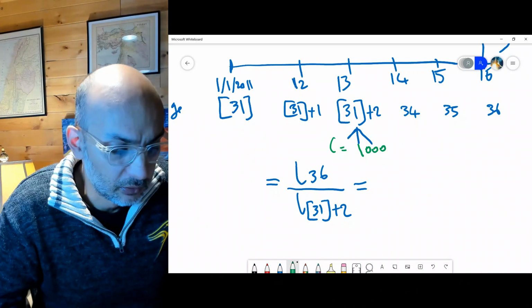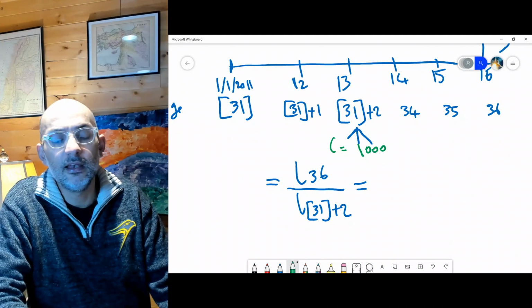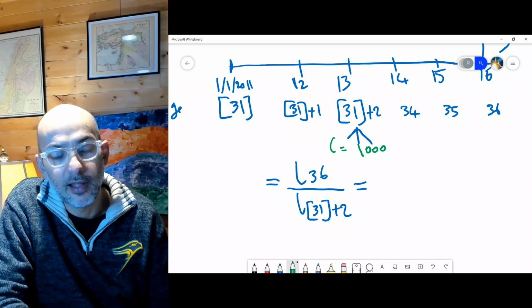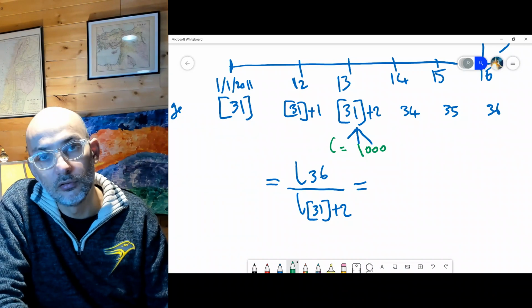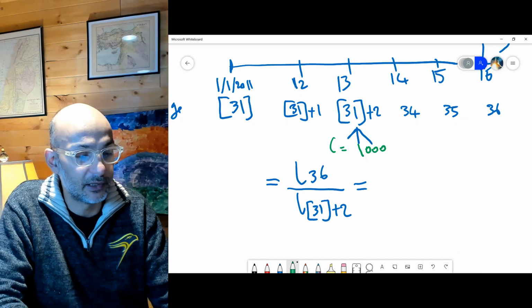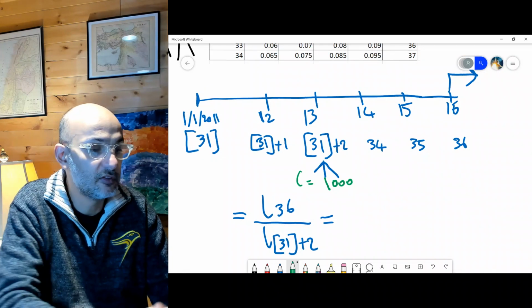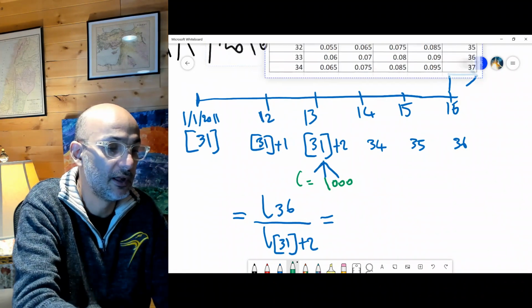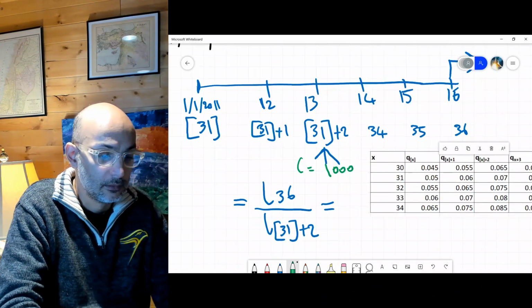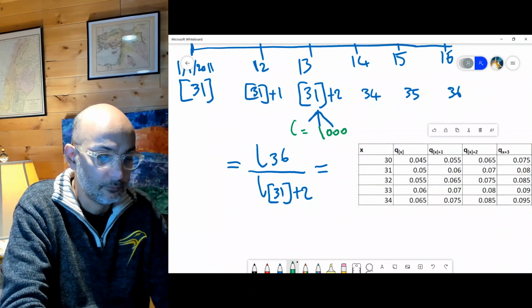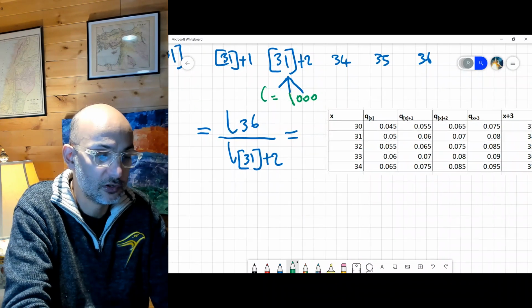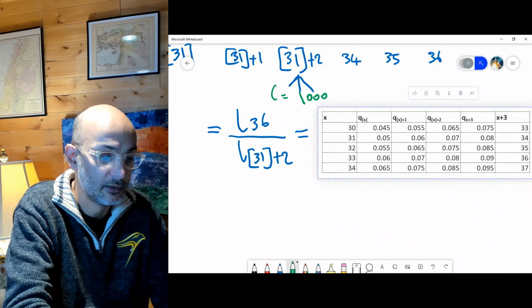Come up with a cohort, and then let's trace the cohort and see how it will evolve based on the life table we are given.